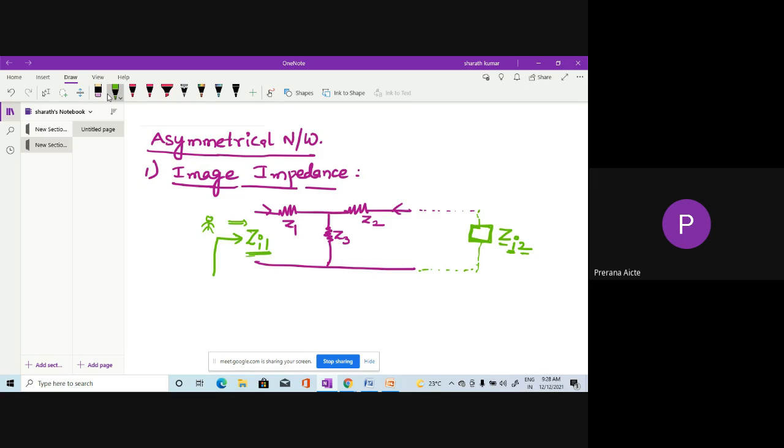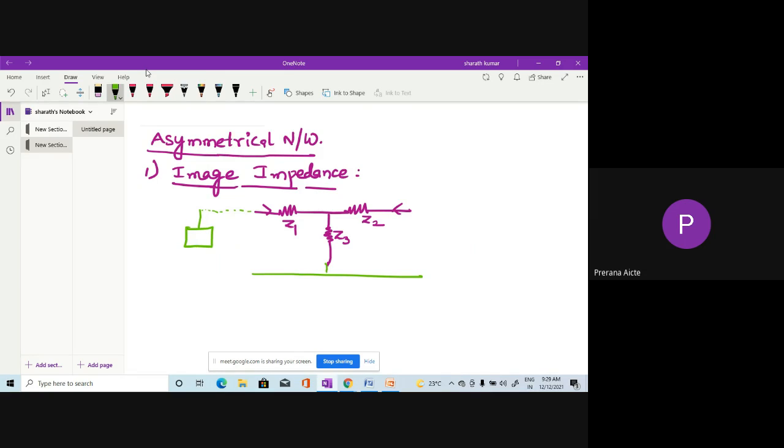In a similar way, if I consider another load at port 1, the name of the load is ZI1.